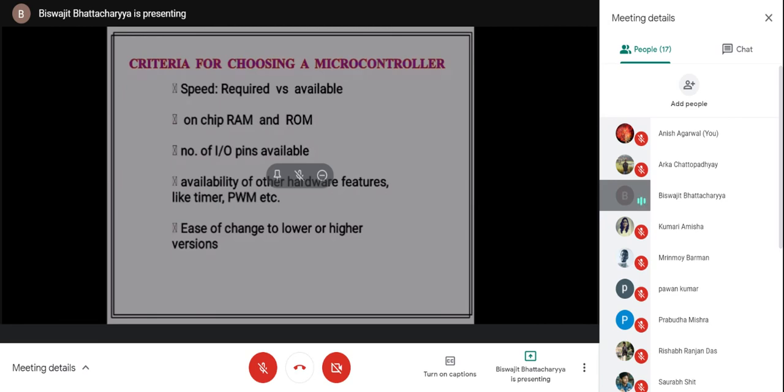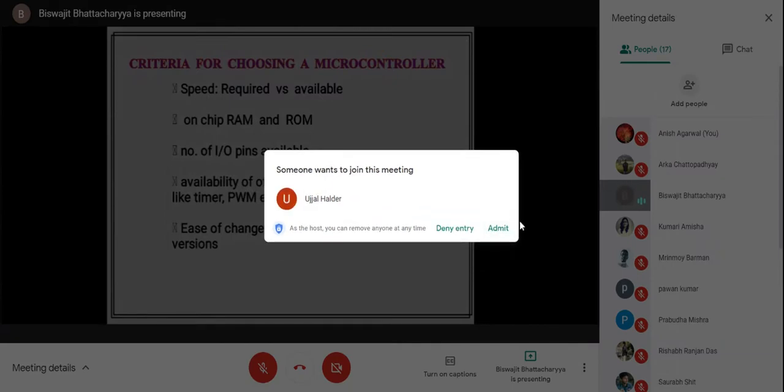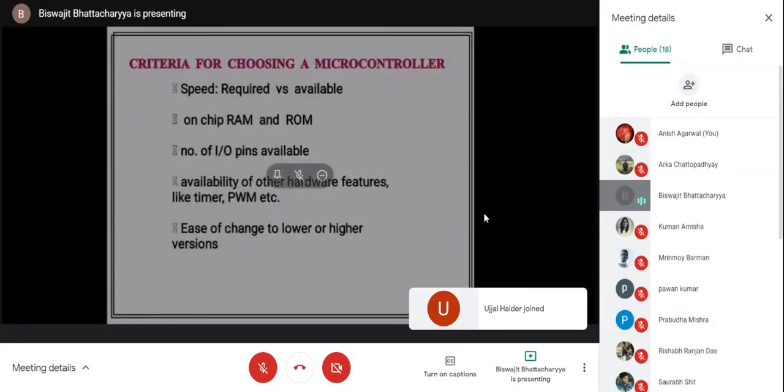So availability of dedicated hardware inside the microcontroller IC is obviously another criterion for choosing it.